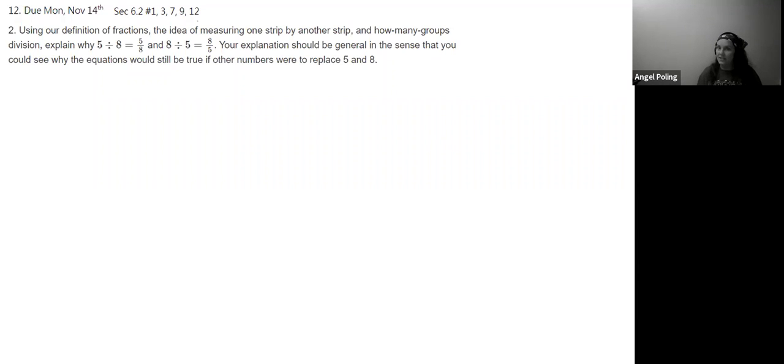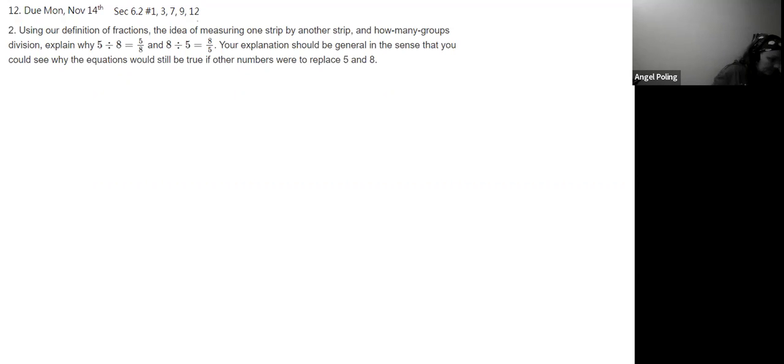Your explanation should be general in the sense that you could see why the equations would still be true if other numbers were to replace 5 and 8. Okay. And they asked us to use strips of paper, right?